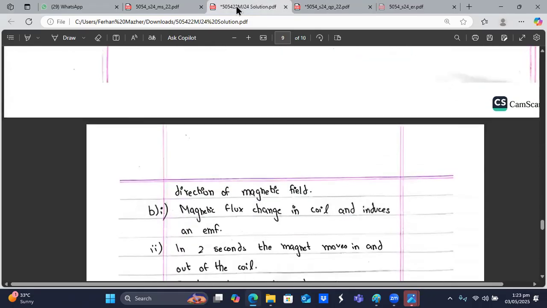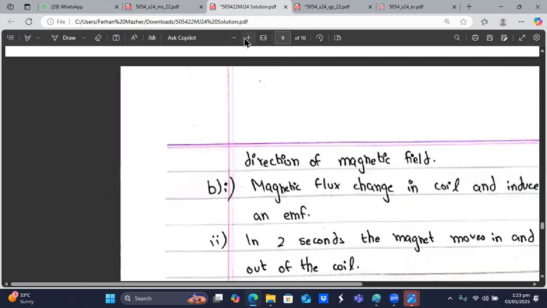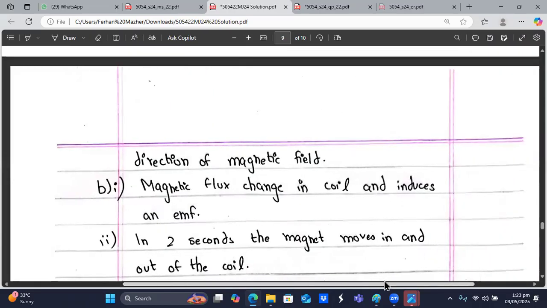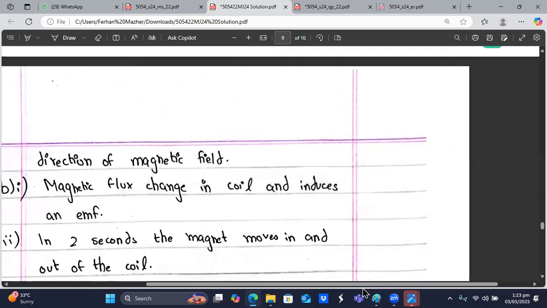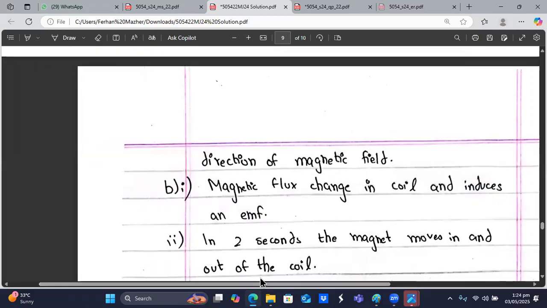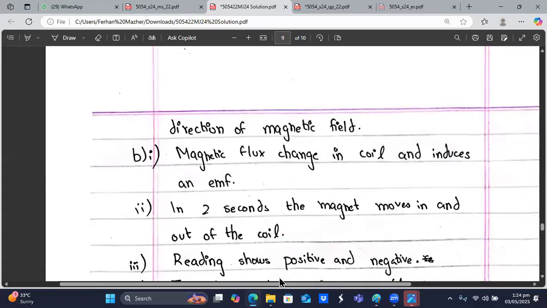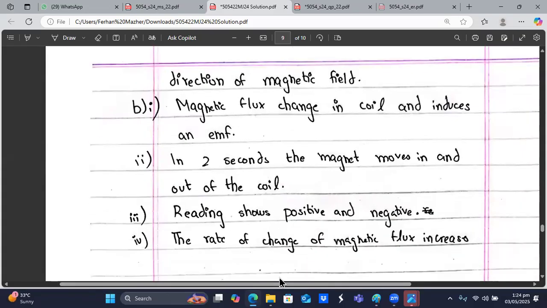So let's see what Aima has written. She says that the magnetic flux passing through the coil changes in the coil and induces an EMF.